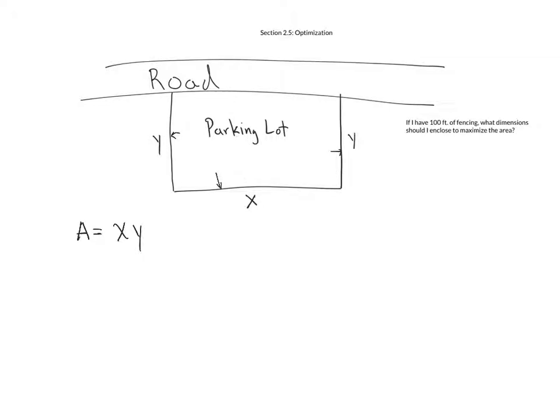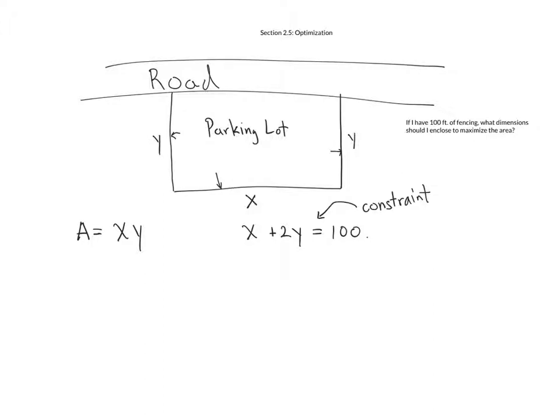And what we know is that if I add up these three lengths, I should get 100 feet of fencing. And so that means that the other constraint, the other relationship, which we call a constraint, is that x plus 2y must be equal to 100. So the second equation is what we refer to as the constraint.